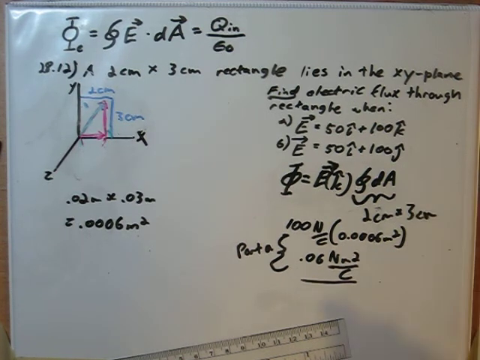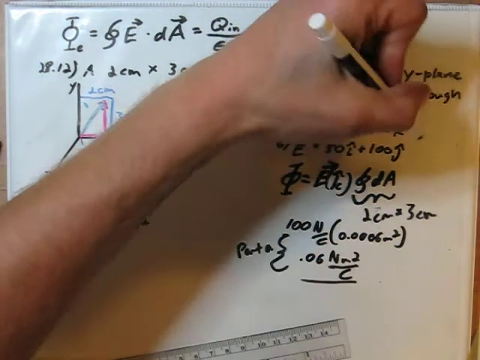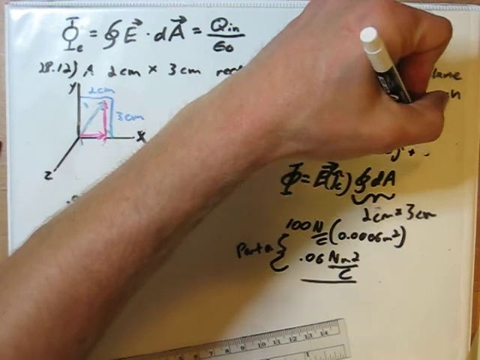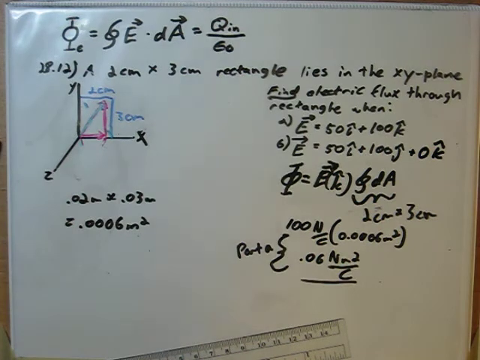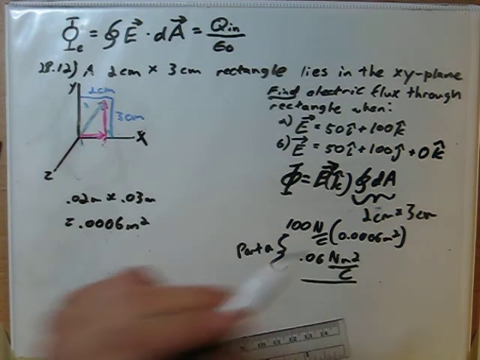Since this does not include a k hat vector, we can assume that it would actually be 0 k hat, and so you'd have 0 k hat times your area.